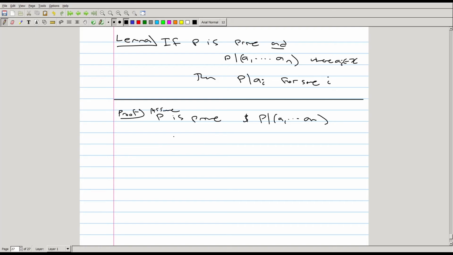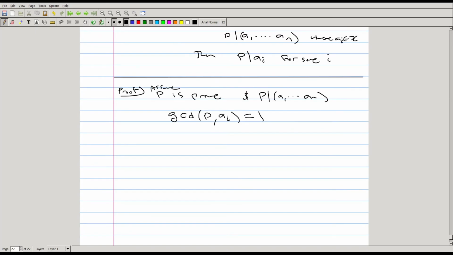Because p is prime, the greatest common divisor of p with any of the ai's is going to be equal to 1. And this is most easily shown using induction on n.